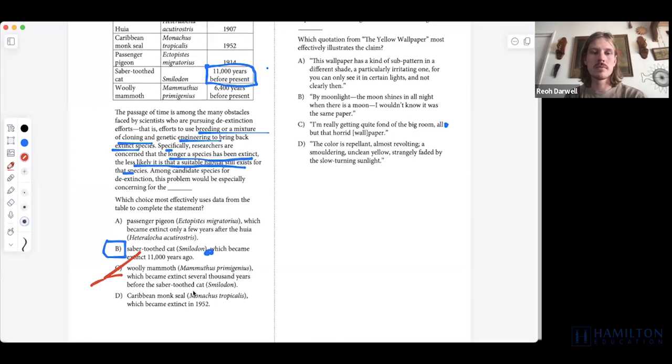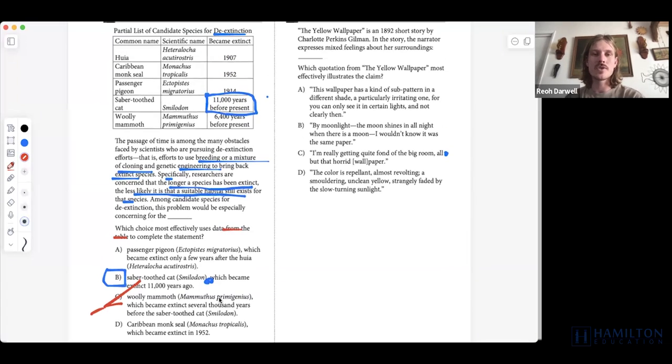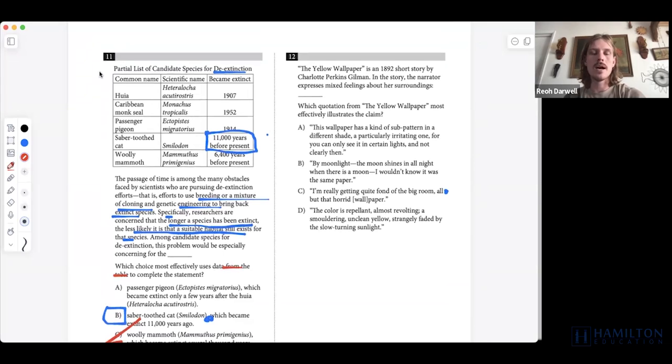If true, C would be the perfect way to use data from the table to complete the statement. This is a very typical distractor on the SAT with these now, where they give us an answer choice that, if it were true, would be perfect, but it isn't true, right? In a sense, it's like the best answer, but it is not correct, right?